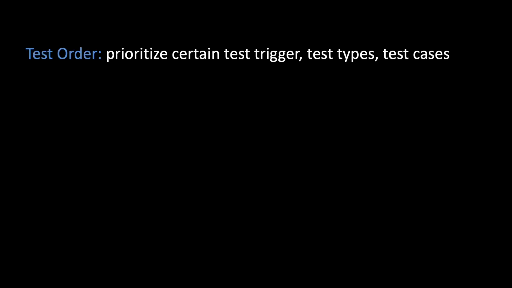Other aspects that are important for the test planning process are the test order. It may be necessary to prioritize certain tests. That can be test trigger, test types, or test cases. If, for example, an urgent test trigger comes up, it potentially has to be tested right now and other activities have to be postponed.